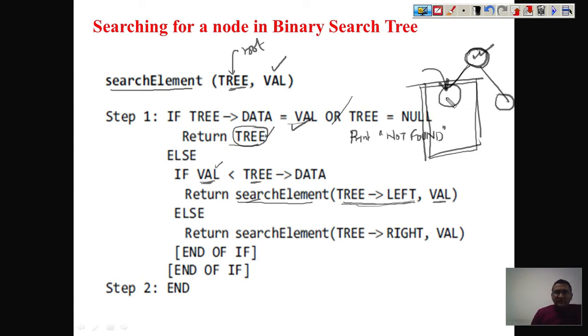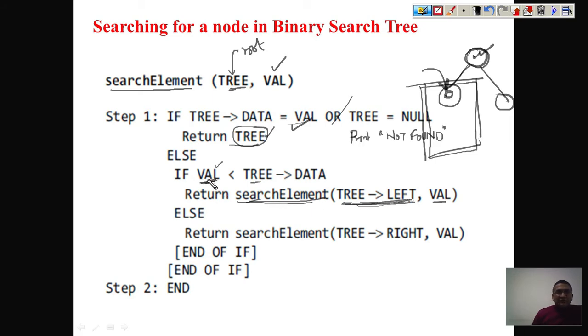Again you will do the same thing. You will check whether the value which you are searching is existing here or not. If it is existing, you will return the value. If it is not existing, then you will check the status, whether it is less than or more than. Now if the value which you are searching is less than the tree data, then you have to call recursively the same procedure with the left subtree.